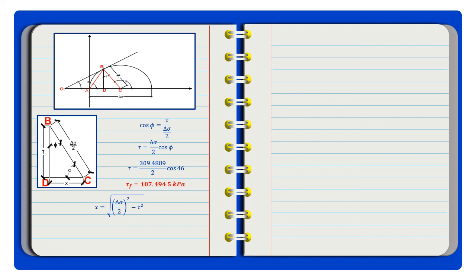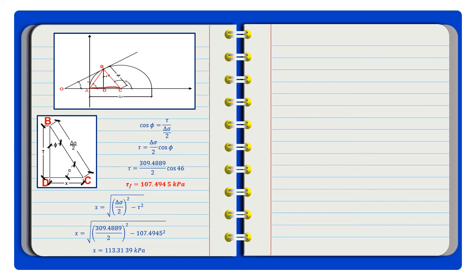We will substitute the values: 309.4889 over 2 squared minus 107.4945 squared. Our value X will be 113.3139 kilopascal.